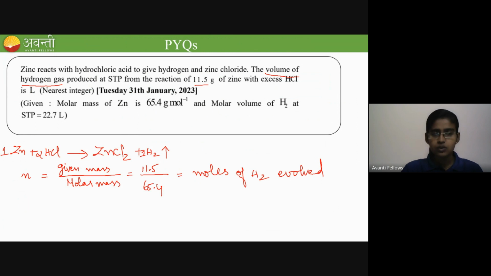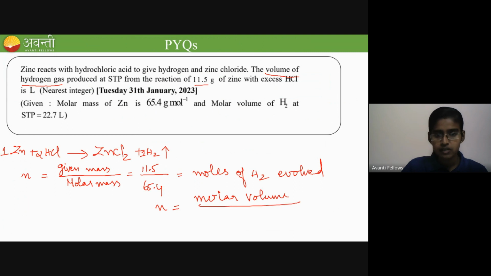Now, the number of moles can be calculated also from the volume of hydrogen divided by 22.7. At STP, in the question, it is given as 22.7. Now, if I want to find out the volume, take this 22.7 to the other side.